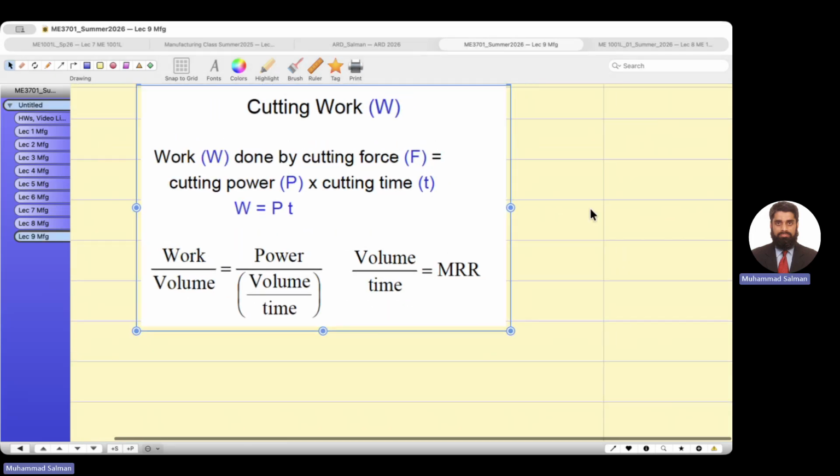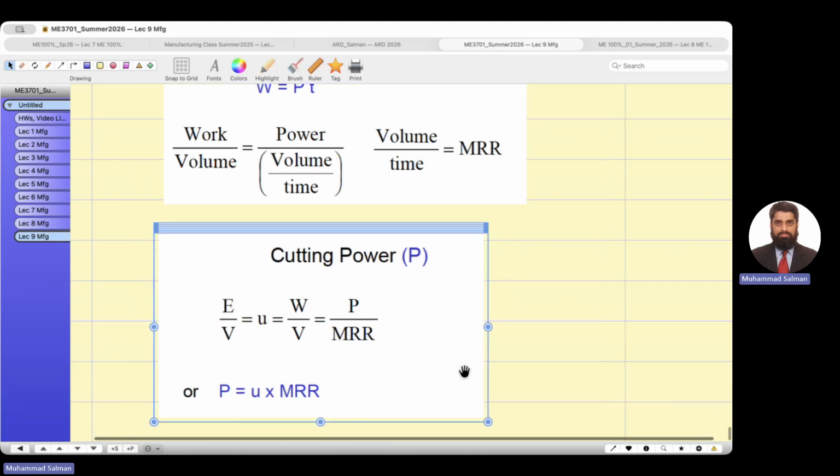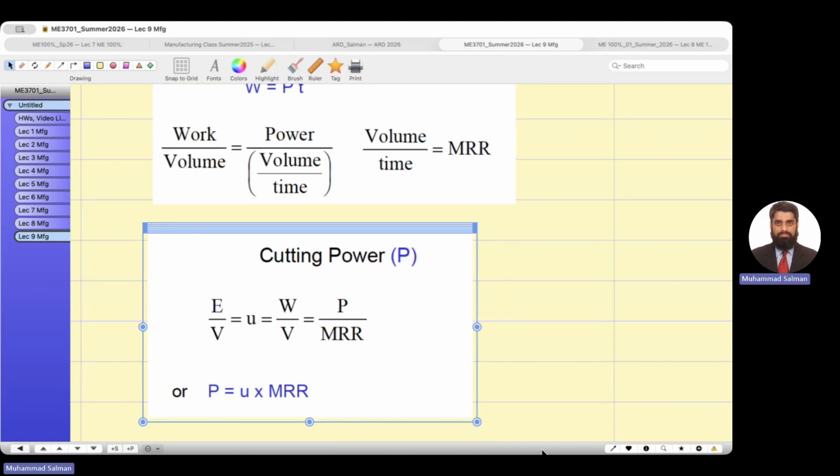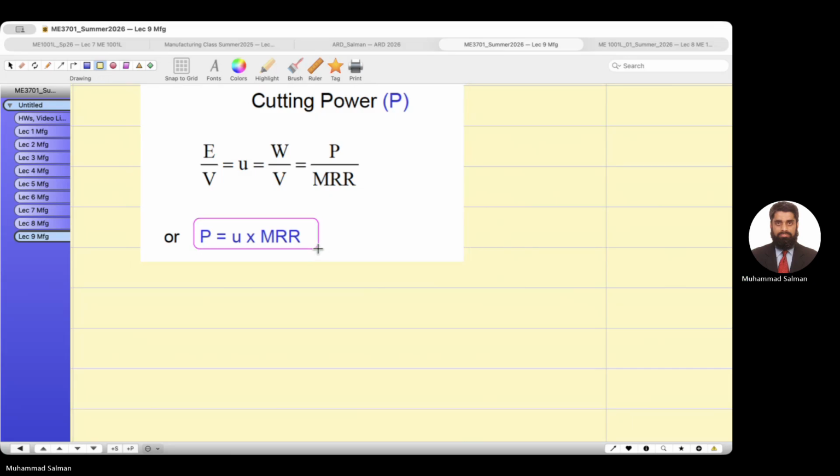This is the formula of the energy, power times the time, and cutting power. Yes, you will be using this formula in most of the homework problems. Power required to generate that much energy, the chip removal, is U times MRR.